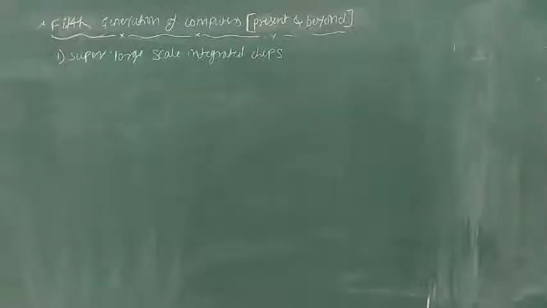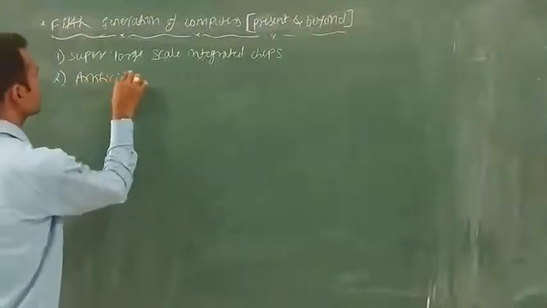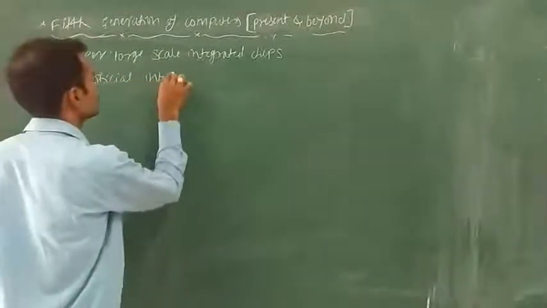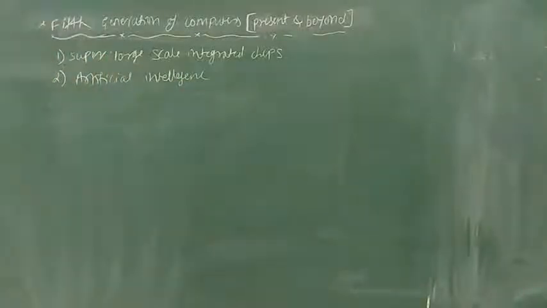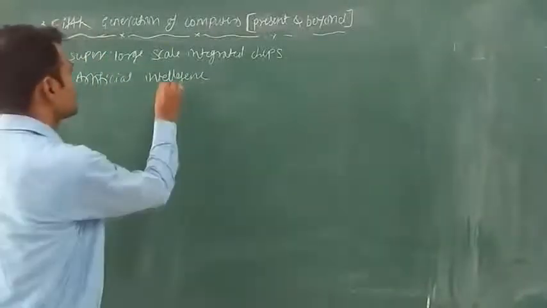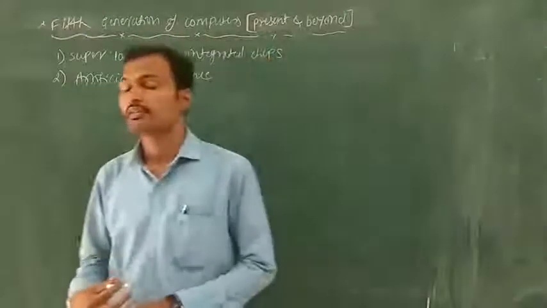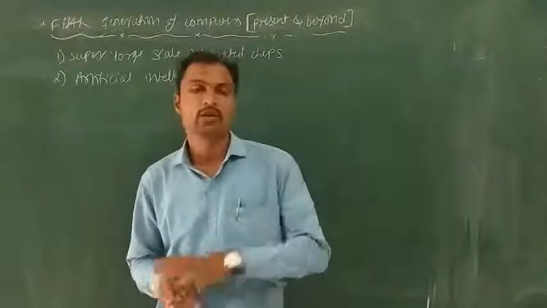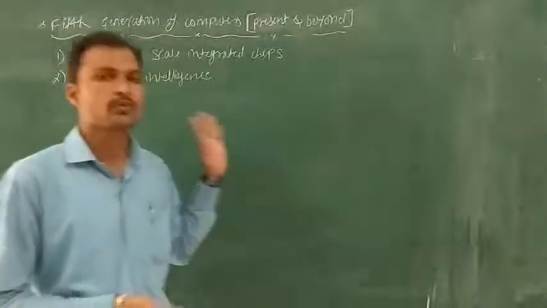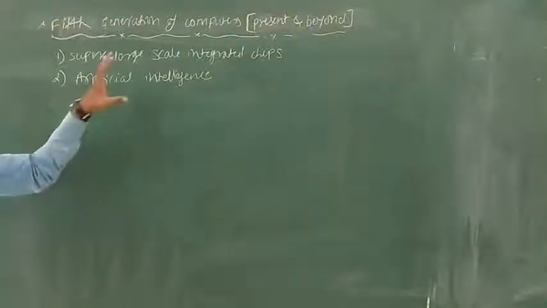This is also called artificial intelligence. You may see robots. Such robots were also developed in the fifth generation of computers. Robots and supercomputers were all developed in the fifth generation of computers.